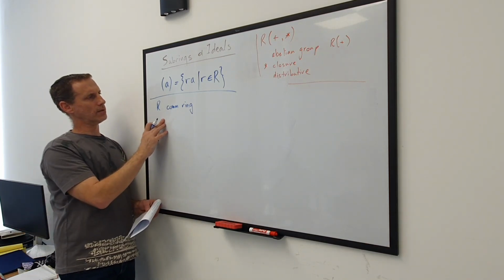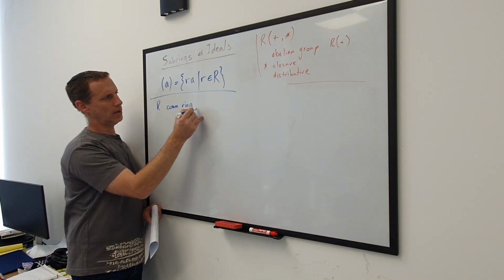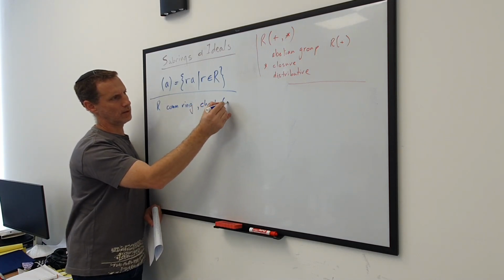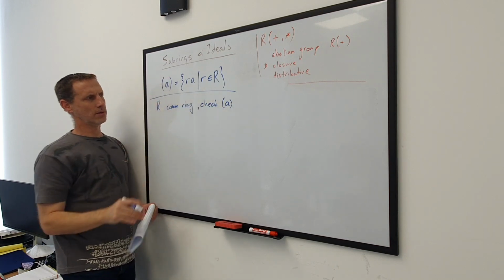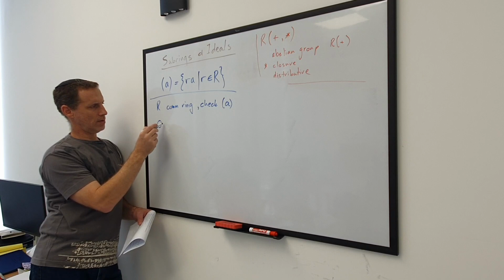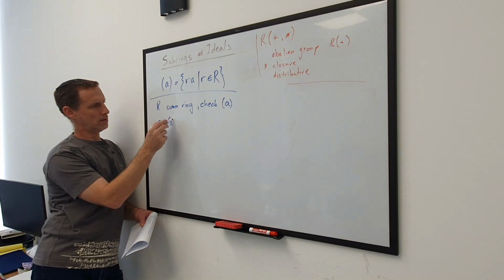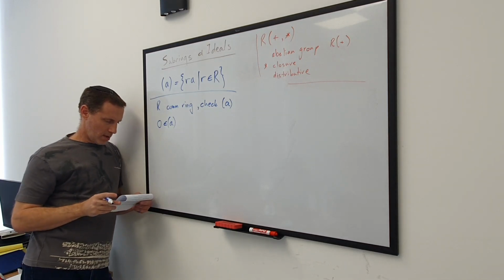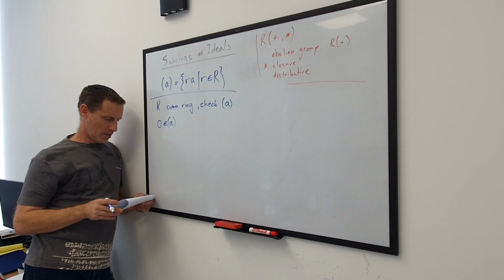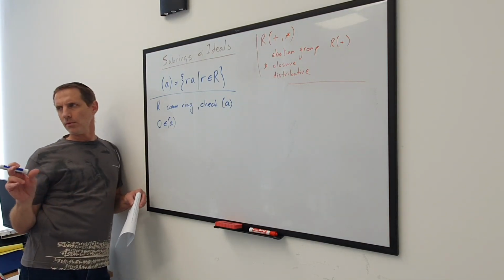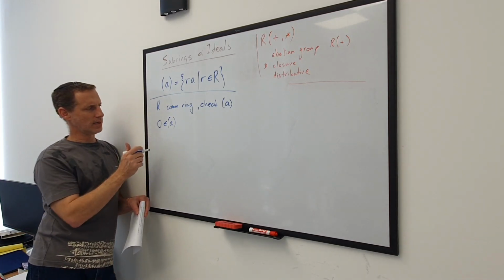First of all, we're checking this construction. We know that 0 belongs, trivially. Now we need to show that we've got all the additive inverses. We've got the additive identity.